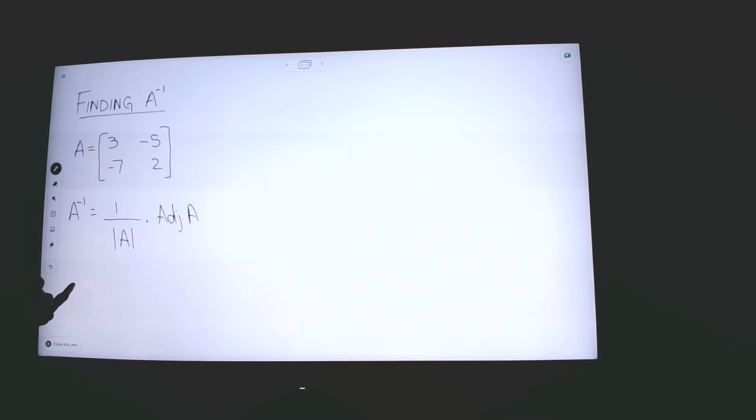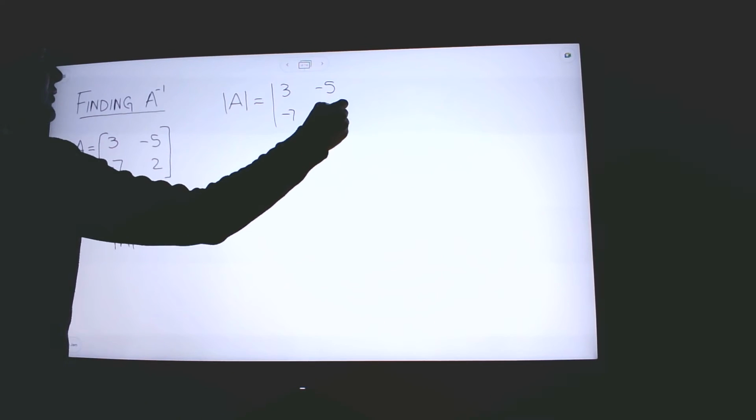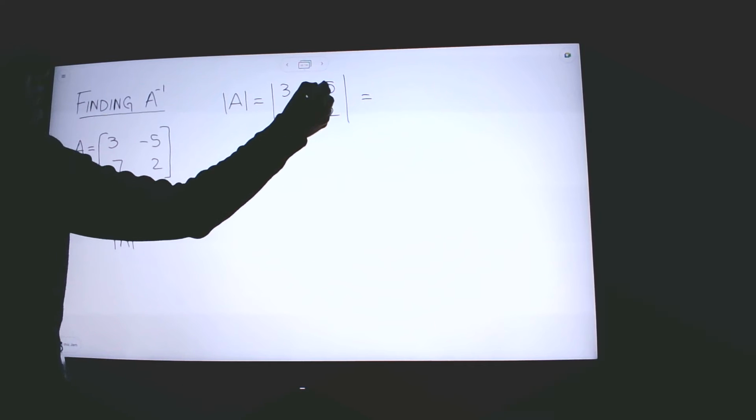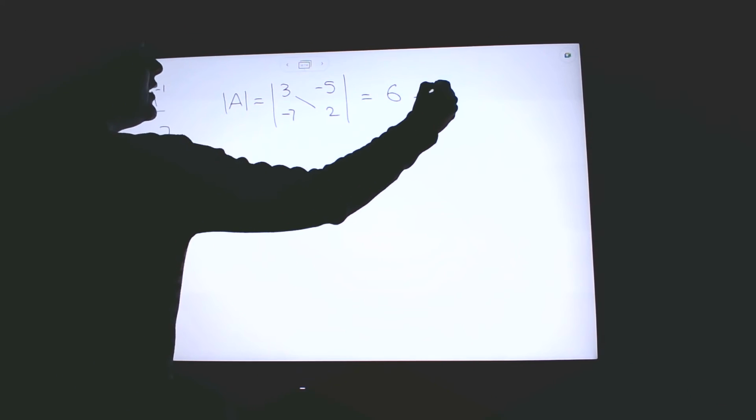So first we find the A determinant. What is the value of the A determinant? 3, minus 7, minus 5, 2. You multiply these two together, that's 6 minus 35.